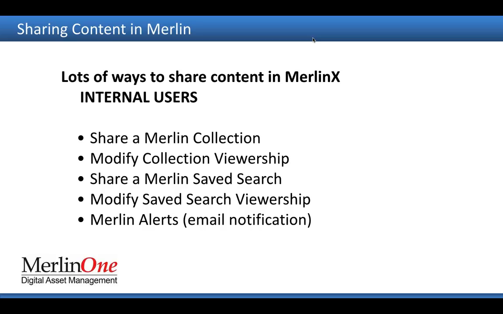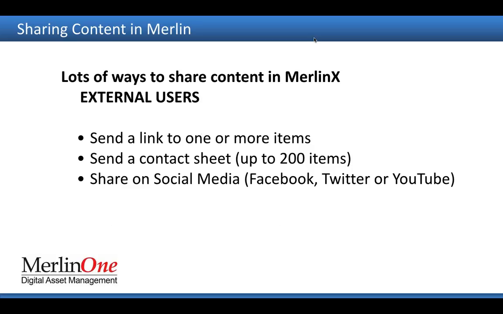And the last thing that you can do, and this has been a feature that we've had for some time, even going back to Webmaster, our older web client, you can use the Merlin alert feature where you can set up a saved search and have an alert triggered anytime new content comes in. So that's something that's very easy to configure, and I'll remind you how to do that.